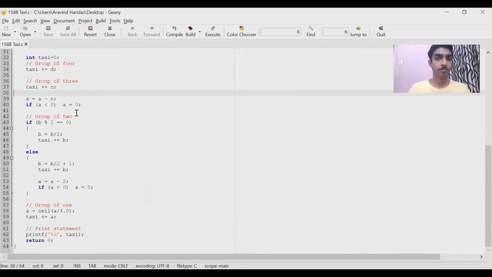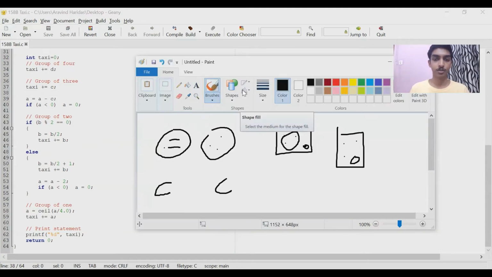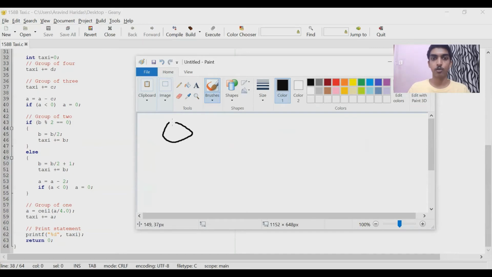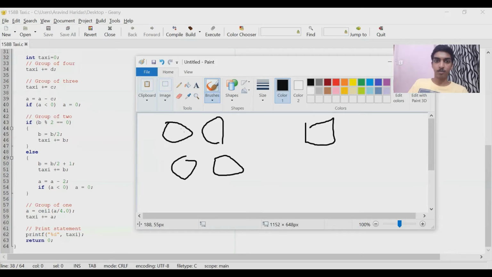So now let's look at the groups of 2. And this is very simple if there is an even number of groups of 2. Suppose there are 4 groups of 2. These two require one taxi and these two another taxi, so the taxis are full.